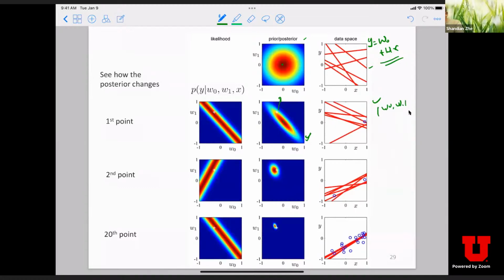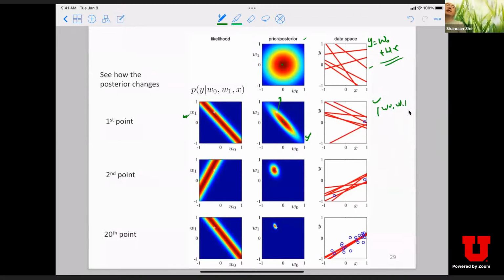And this column just shows the likelihood function. X and Y is your observation, and this Y cross is the ground truth. When you vary different W0 and W1, you will get different likelihood values.